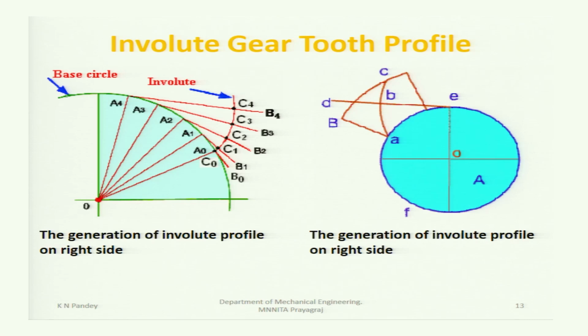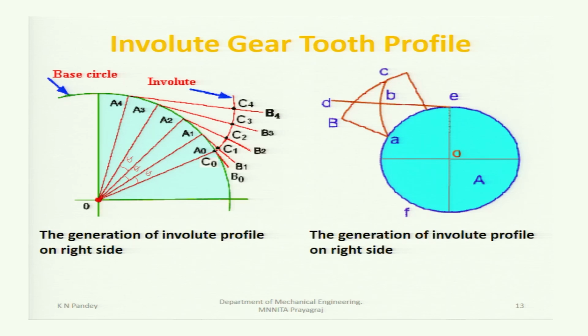Here we are showing how to generate an involute tooth profile. That you can do by taking a base circle, this as a base circle. Now divide this base circle into a number of segments with a smaller angle, this theta, this theta is very small, and join O to A1, OA1, OA2, OA3, OA4 like that.